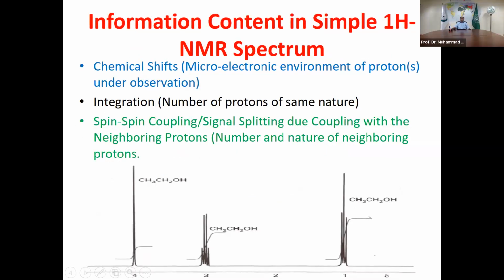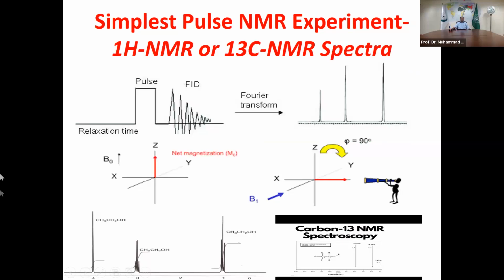So you wait a bit of extra time till the magnetization vector again becomes the longitudinal magnetization vector, towards the direction of Z. Okay, and then you give again a pulse. You bring it to the XY plane, which is called the transverse plane. And this transverse magnetization vector, you again record FID.